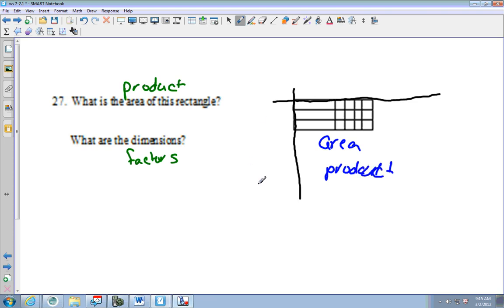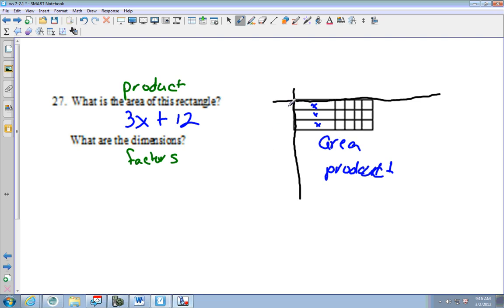Okay? Y'all need to finish this for Monday. The area is 1, 2, 3. These are x's. I have 3x. 1, 2, 3, 4, 5, 6, 7, 8, 9, 10, 11, 12. Plus 12.